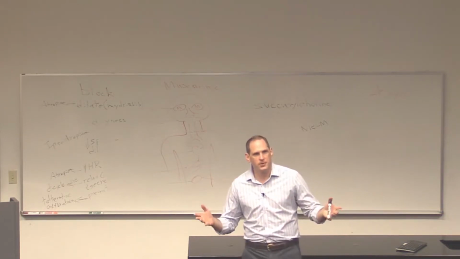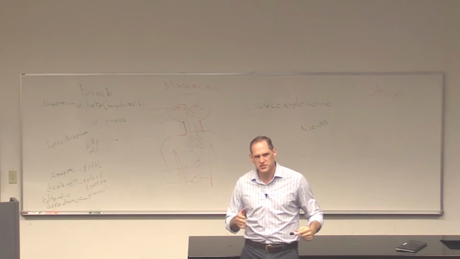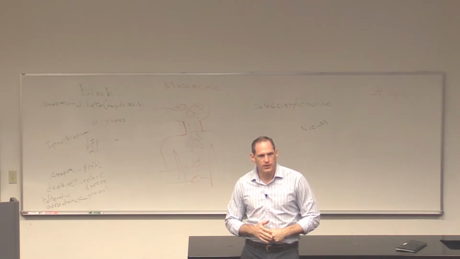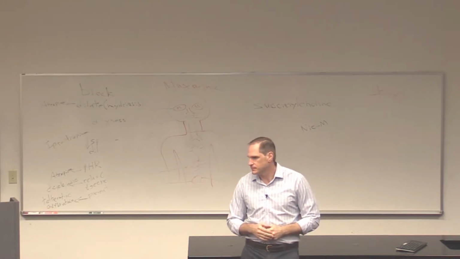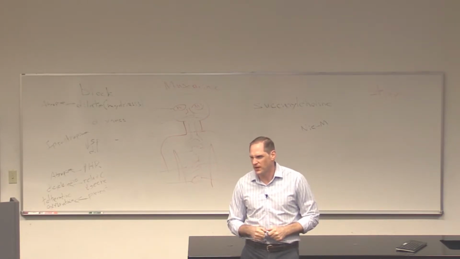You need to know the rest of it is just for paralytics in general. Any questions about neuromuscular blockers or paralytics or succinylcholine? What's the other name for this? Do you know? I don't know the other name for succinylcholine. It's been around for a while, so pretty much everyone calls it succinylcholine.